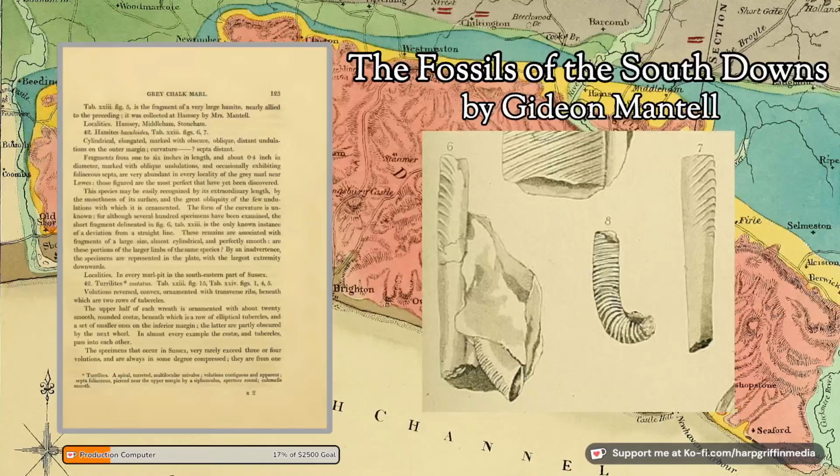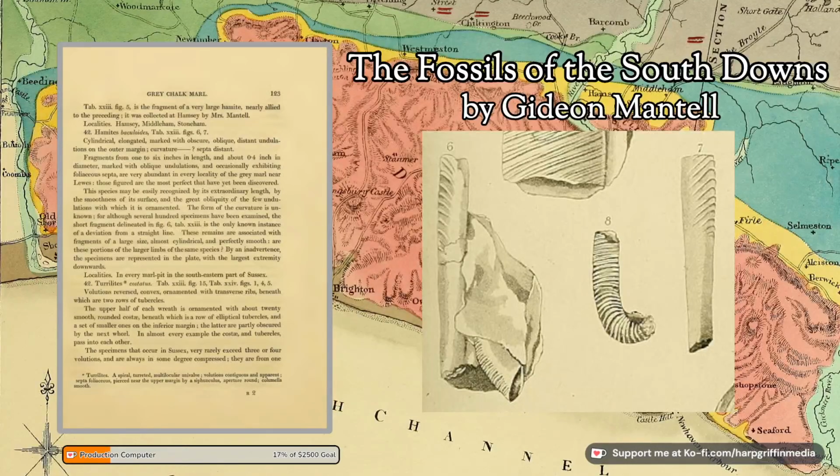This species may be easily recognized by its extraordinary length, by the smoothness of its surface, and the great obliquity of the few undulations with which it is ornamented. The form of the curvature is unknown, for although several hundred specimens have been examined, the short fragment delineated in Figure 6, Tablet 23, is the only known instance of a deviation from a straight line.